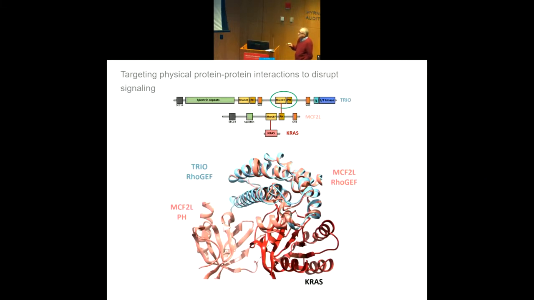This slide makes a point that some of the other interactions don't have binding sites that are obviously druggable. What's been done here is to superimpose the Rho-GEF domain of Trio with the Rho-GEF domain of MCF. You can see this structural superposition of the two domains.